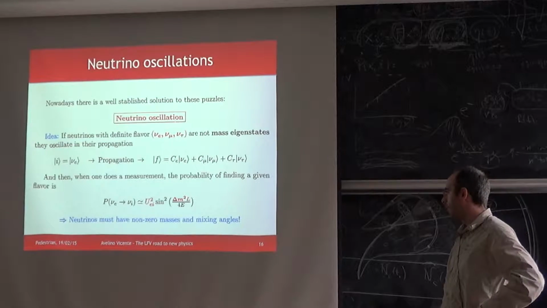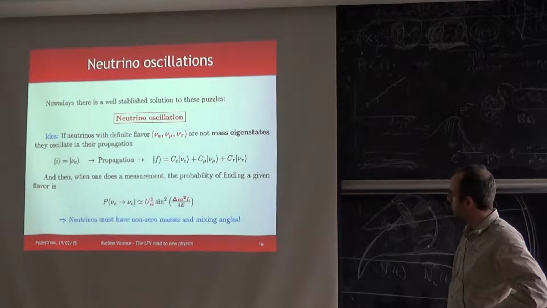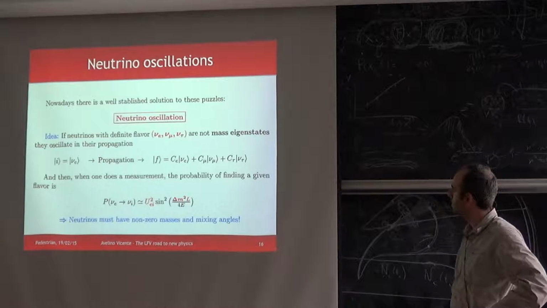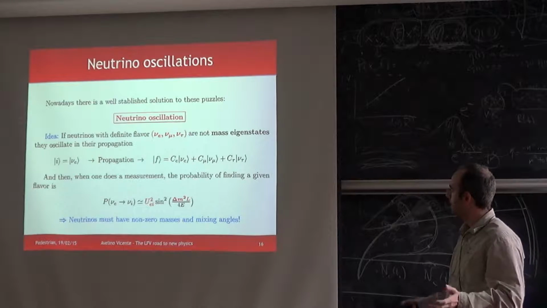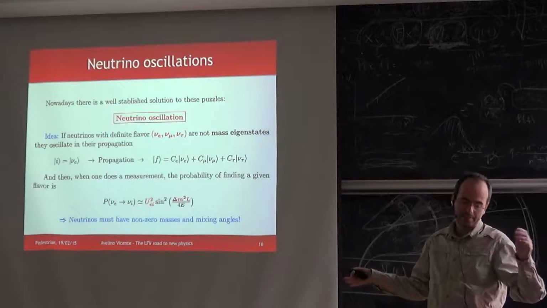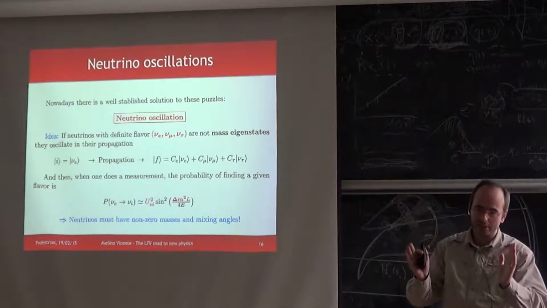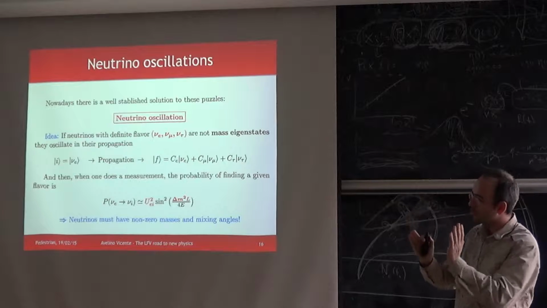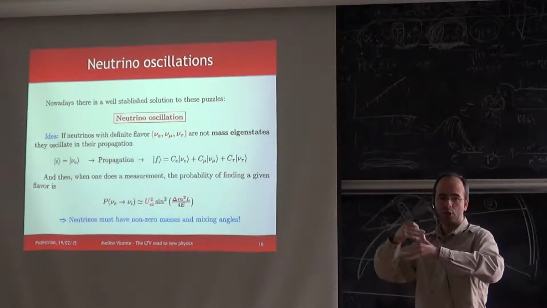And then, thanks to some further experimental developments, this question was solved recently, actually, in the late 90s, by something called neutrino oscillations. And this is something very simple. It's just quantum mechanics. The idea is that you have different types of neutrinos, and since they are not neutrinos with definite flavor, they don't have a definite mass, when they propagate, they oscillate.